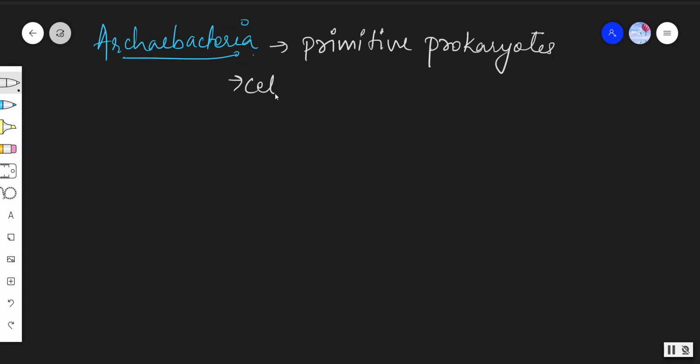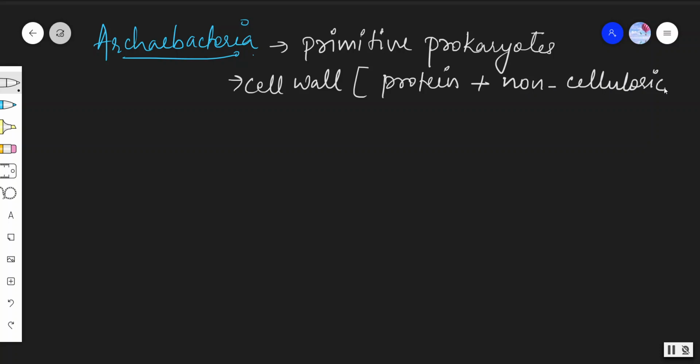Cell wall is present and made up of protein and non-cellulosic polysaccharides. Okay, clear? Most primitive, and cell wall is made up of protein and non-cellulosic polysaccharides.